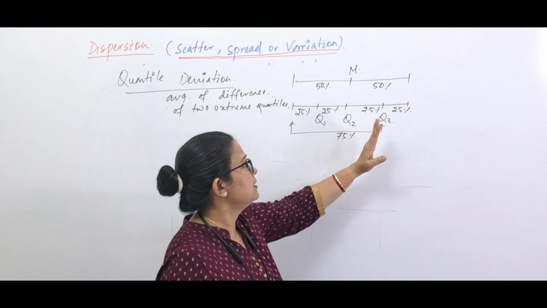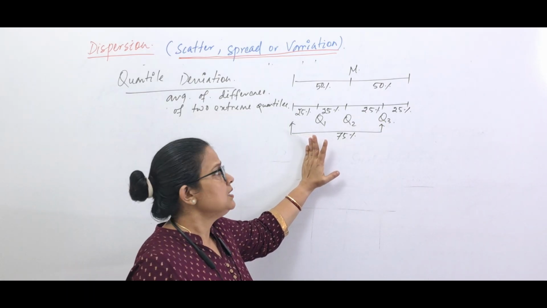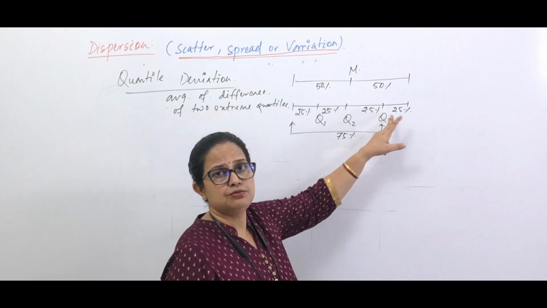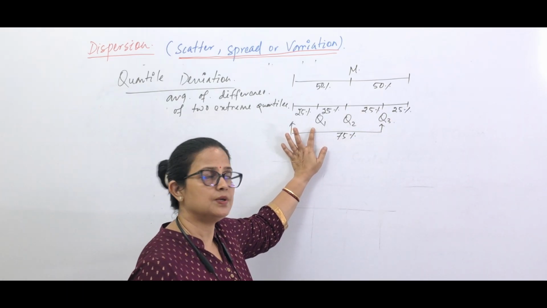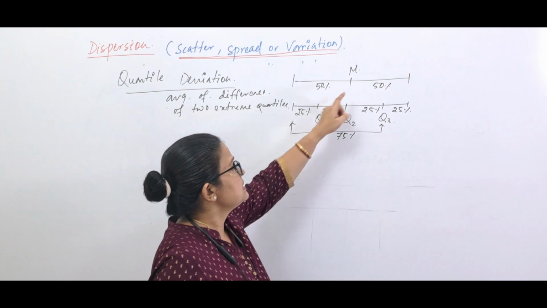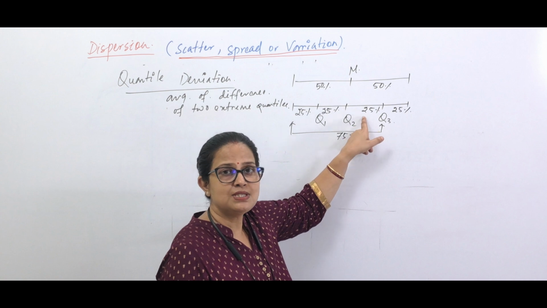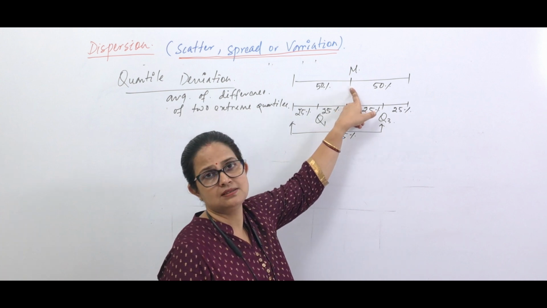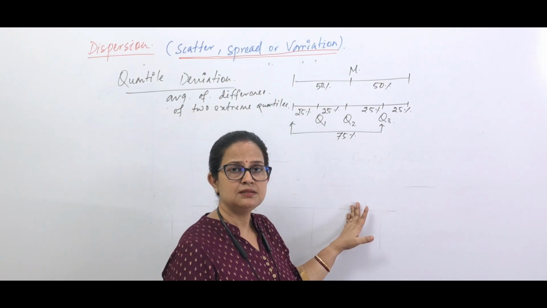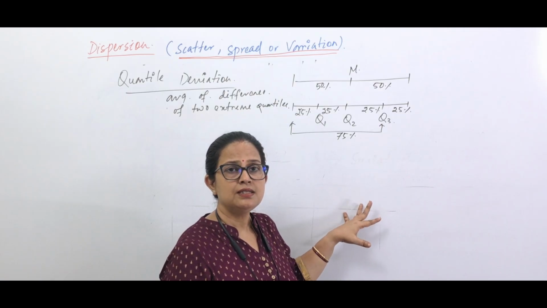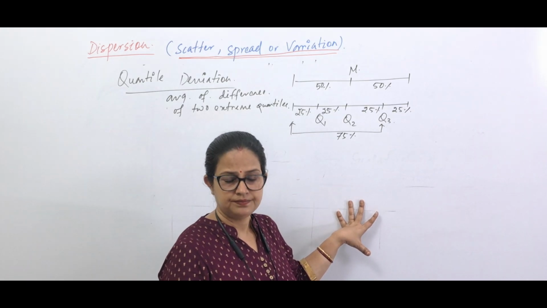The extreme quartiles are Q3 and Q1, 75% is Q3 and 25% is Q1. And Q2 is nothing but the median. If you understood the median well, then you can easily do the quartile dispersion.